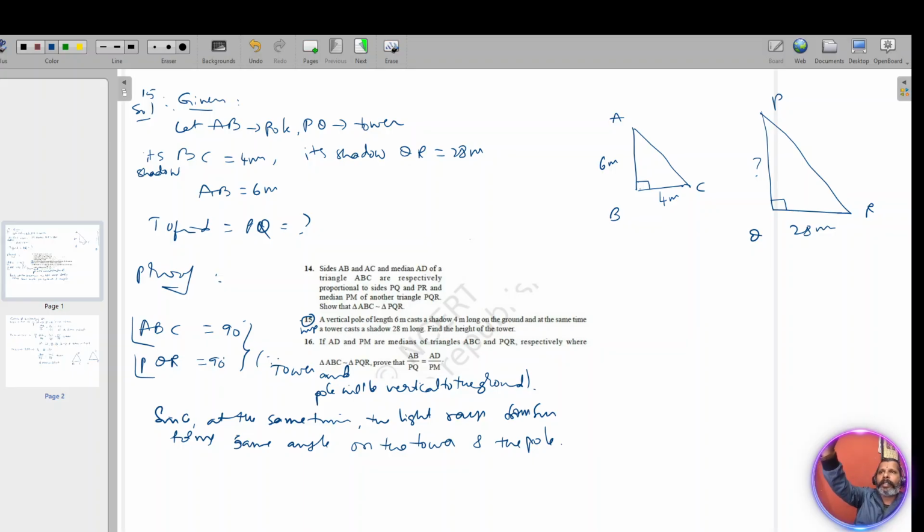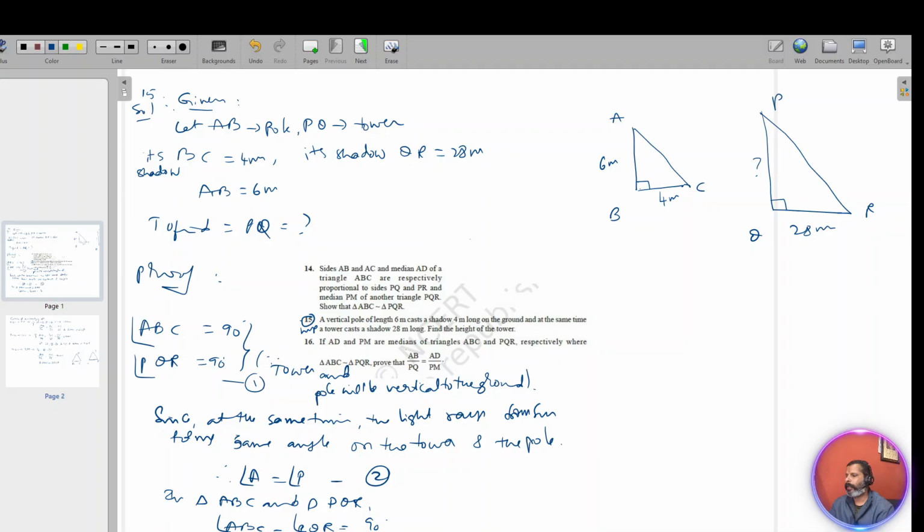AB is a pole, A is the angle. Therefore, what we get is A equal to P. We call it 2. We call this 1 and we call this 4. We are done. See, in triangle ABC and triangle PQR, we have ABC equal to PQR equal to 90 from 1, and from 2 we have A and P are equal.